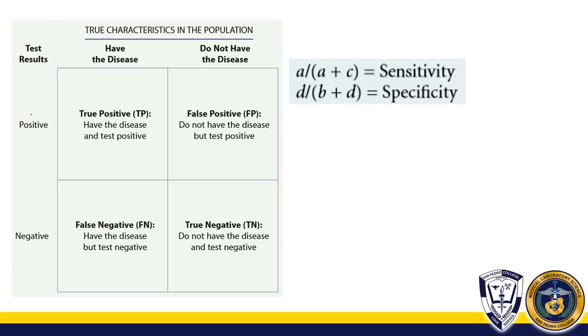For your sensitivity, again refer to this table, with the same designation: this is your cell A, cell B, cell C, and cell D. For sensitivity, that would be A divided by A plus C. Since we are looking at those who have the disease, it is the true positives versus the total population with the disease, whereas specificity is D divided by B plus D. When we talk about specificity, this refers to those who do not have the disease.